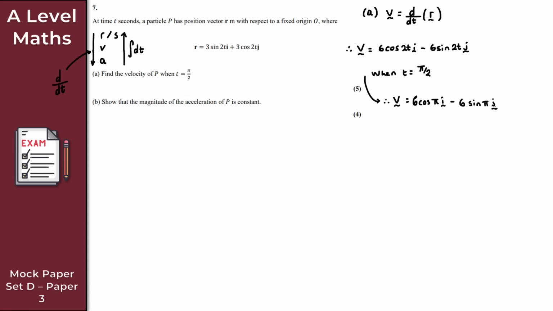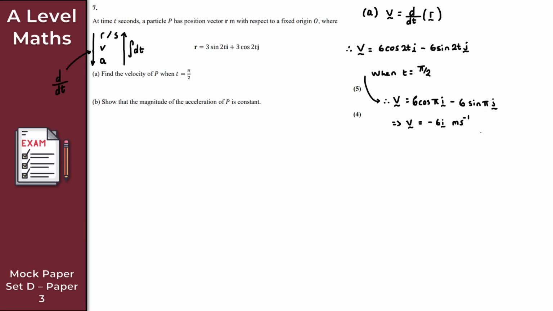Well, sine of pi is 0, cos of pi here is minus 1, right? So what I get here is 6 times minus 1, so that's minus 6 there. So the velocity vector is equal to minus 6i meters per second. So ms to the minus 1 there.